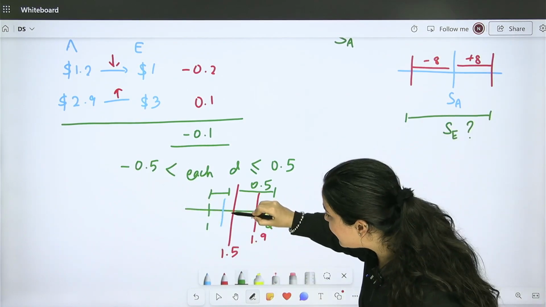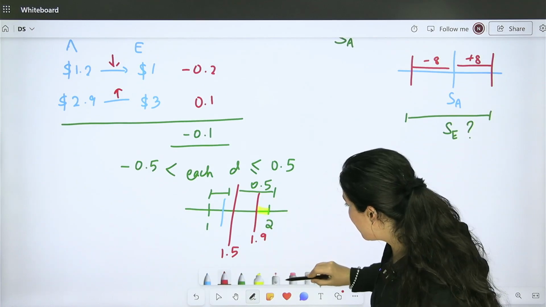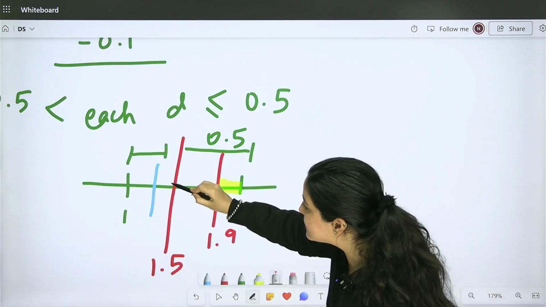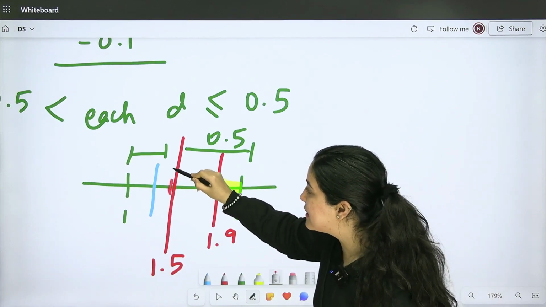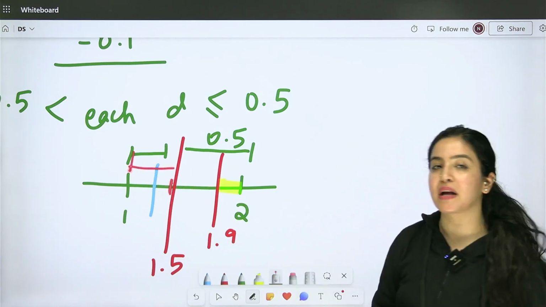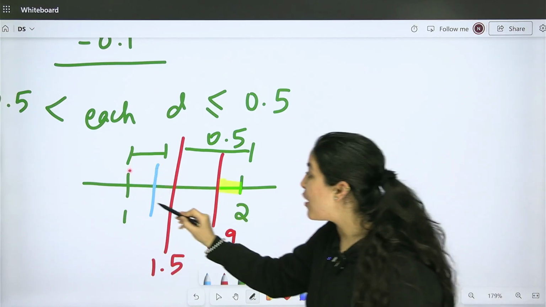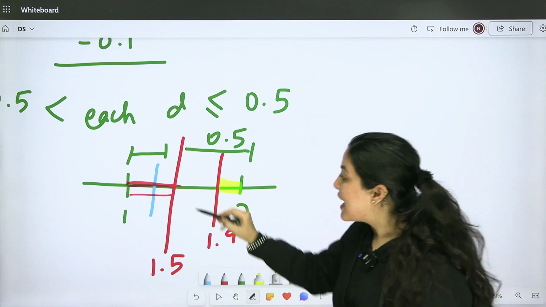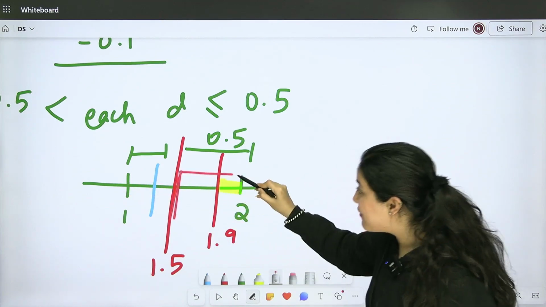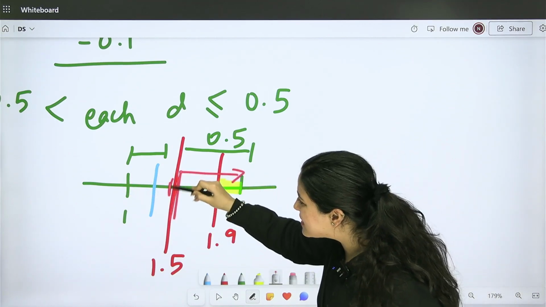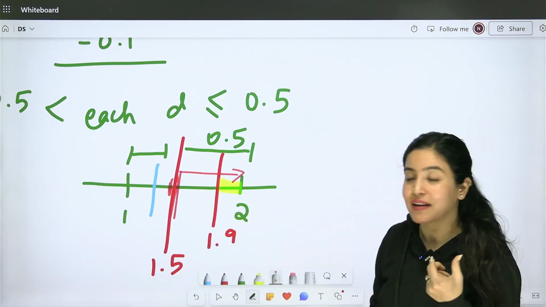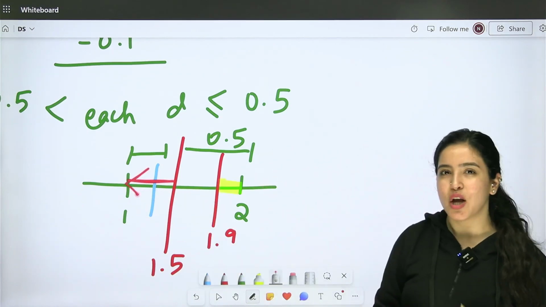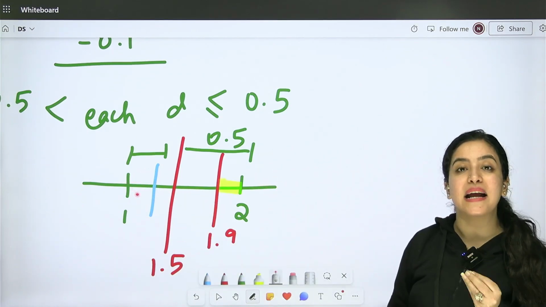Why? Again, think about a value very close to this 1.5, but I want it to be less than 1.5, somewhere here. This one will decrease to become the estimate. And how much will this be? Well, if this entire thing is 0.5 and I will round up if I reach the middle, then whatever is the closest here, I can't really tell what that number is, but this is the maximum reduction I can see, which is slightly less than negative 0.5.